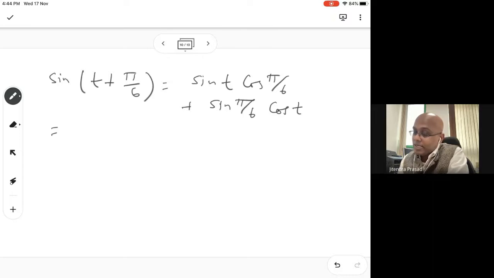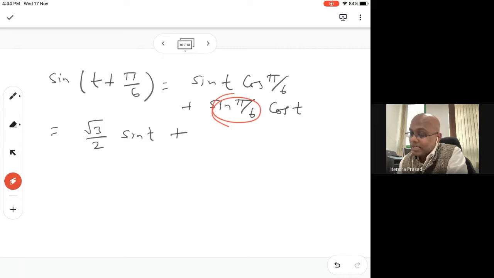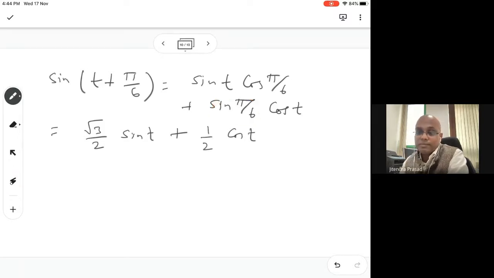Cos 30 degree is root 3 over 2, and sine 30 degree is half. So you get root 3 over 2 sine t plus half cos t.